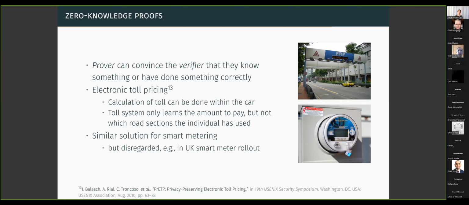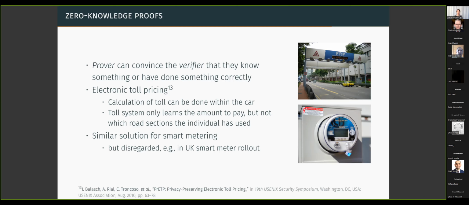You can also do this based on zero-knowledge proofs, where the car cryptographically can convince the toll system that they have correctly calculated the toll that they need to pay.